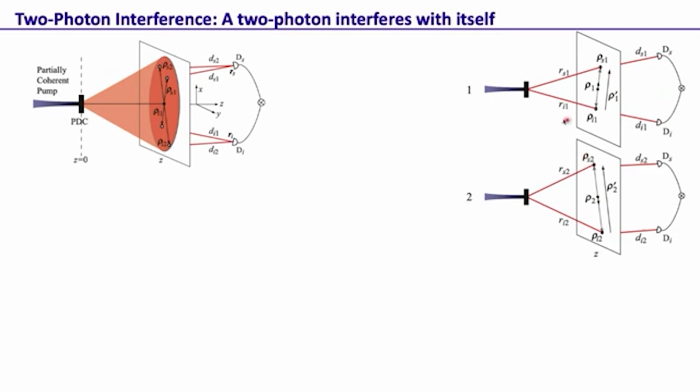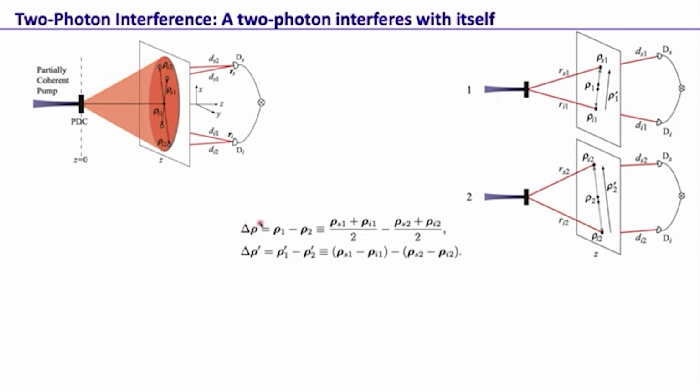The interference is basically interference between this and this alternative, and the interference will take place as long as these 2 alternatives are indistinguishable, or as long as these 2 alternatives are coherent with respect to each other. And we'll now see how to mathematically derive the condition for the extent to which these 2 alternatives remain coherent.